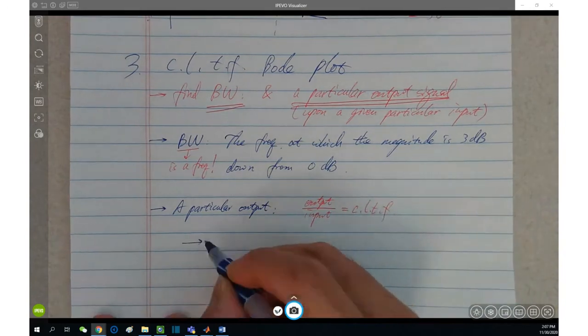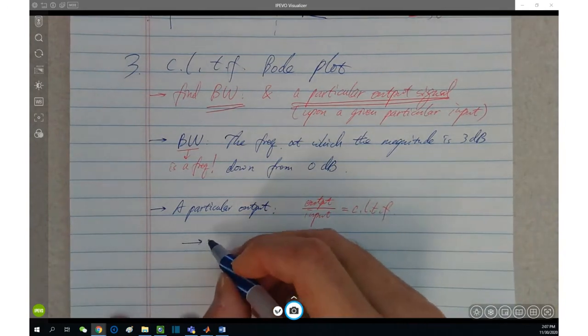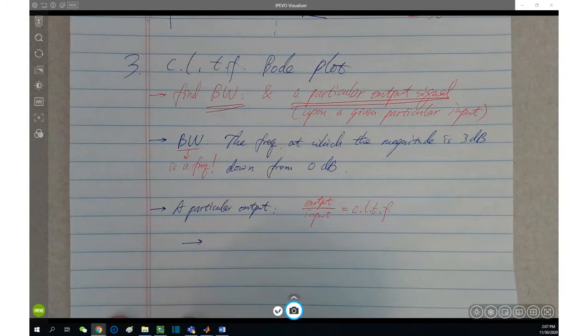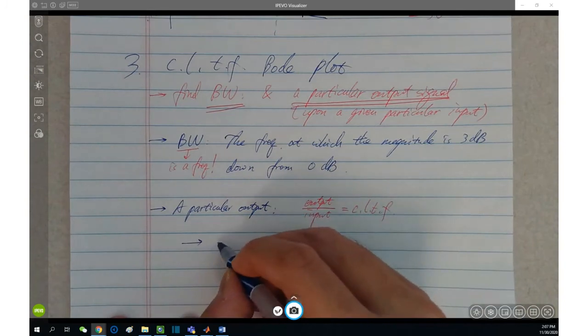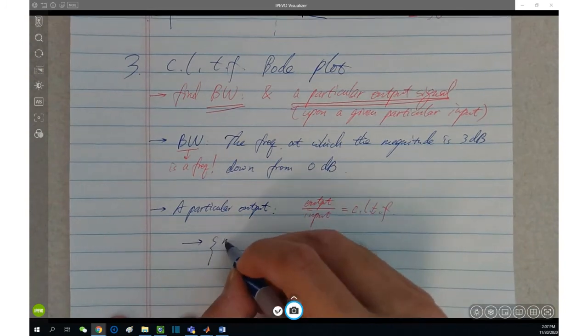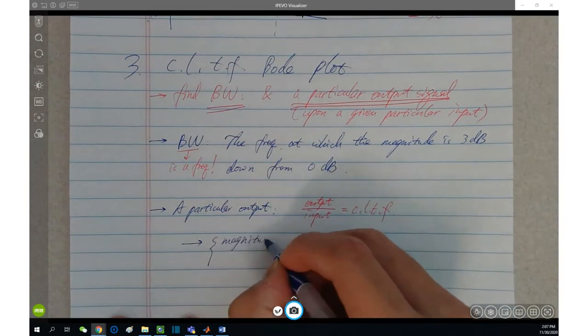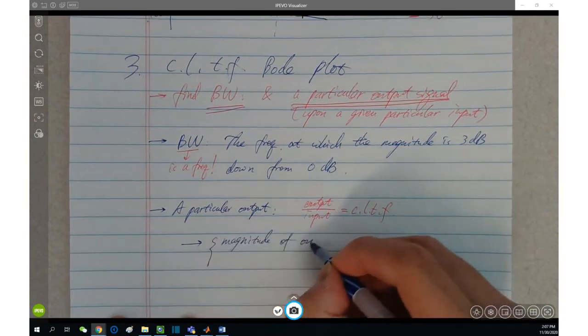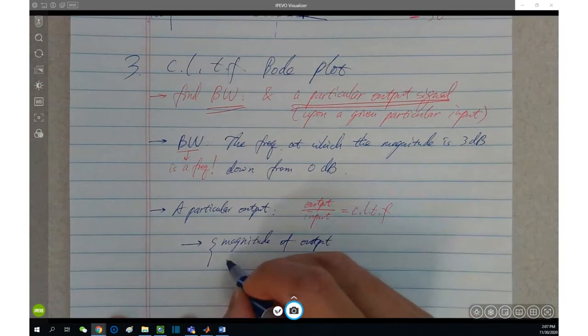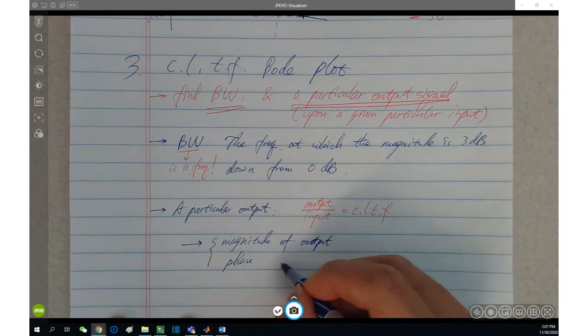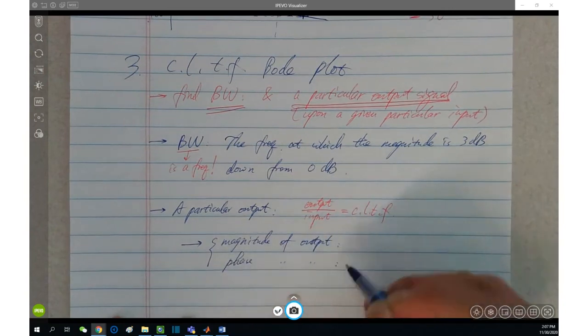Based on this, we can find what? We can find the magnitude of the output and the phase angle of the output, respectively. Right?